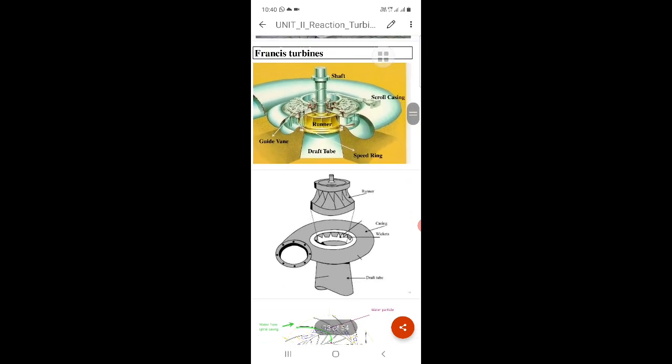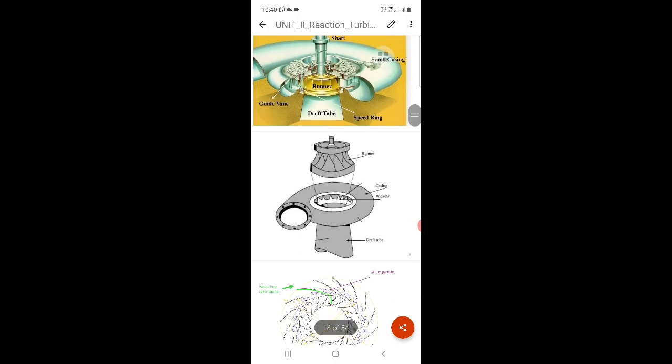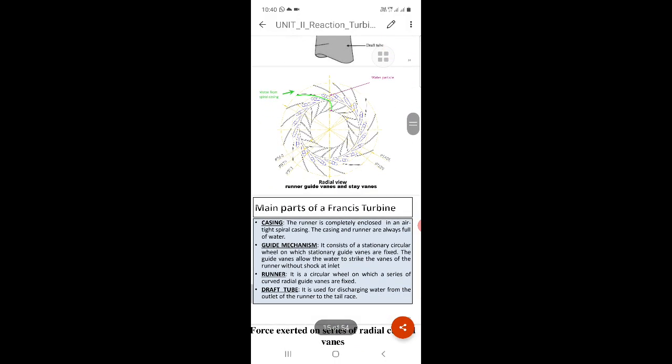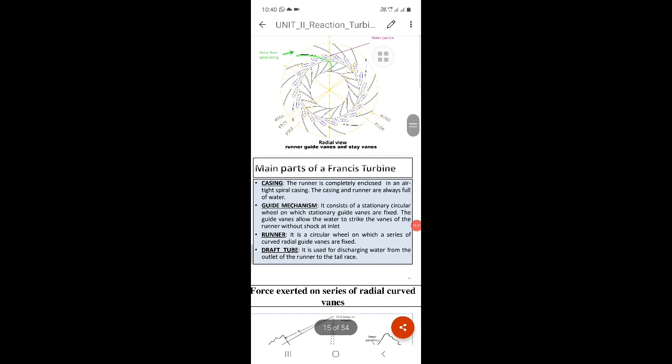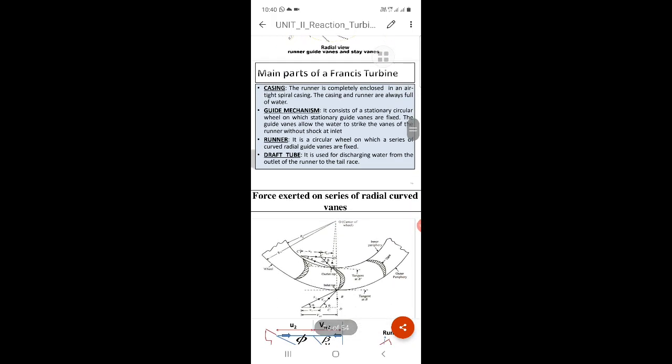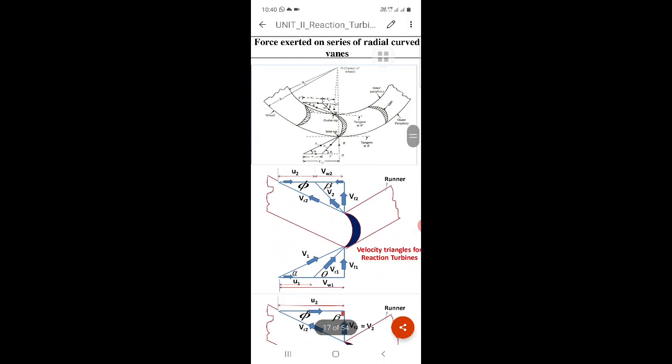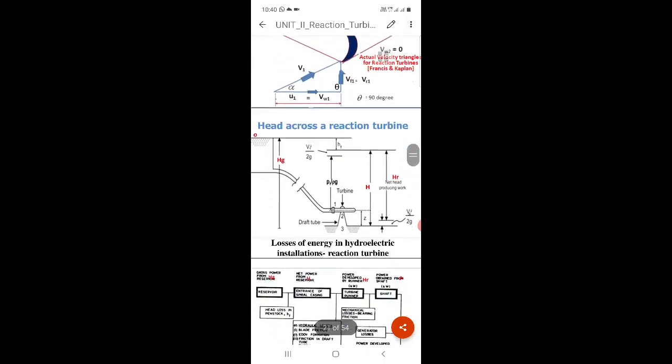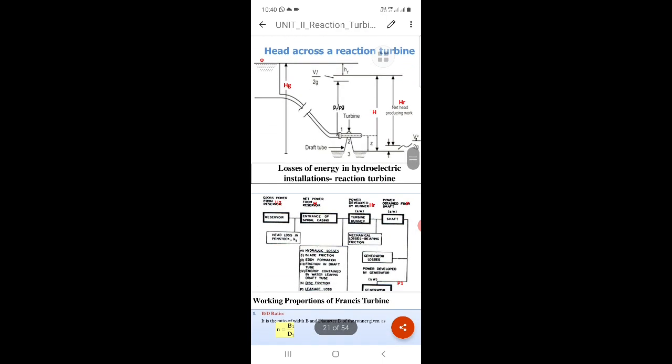It consists of the draft tube, runner and casing. So the main parts are the casing with guide mechanism, runner and draft tube, then the velocity diagram, and then the formulas. In this way we have completed the Francis turbine. Thank you.